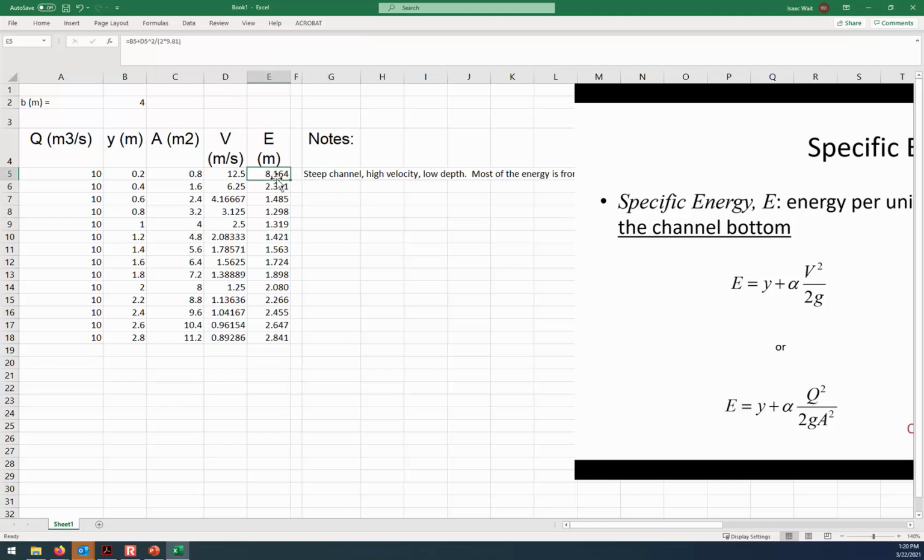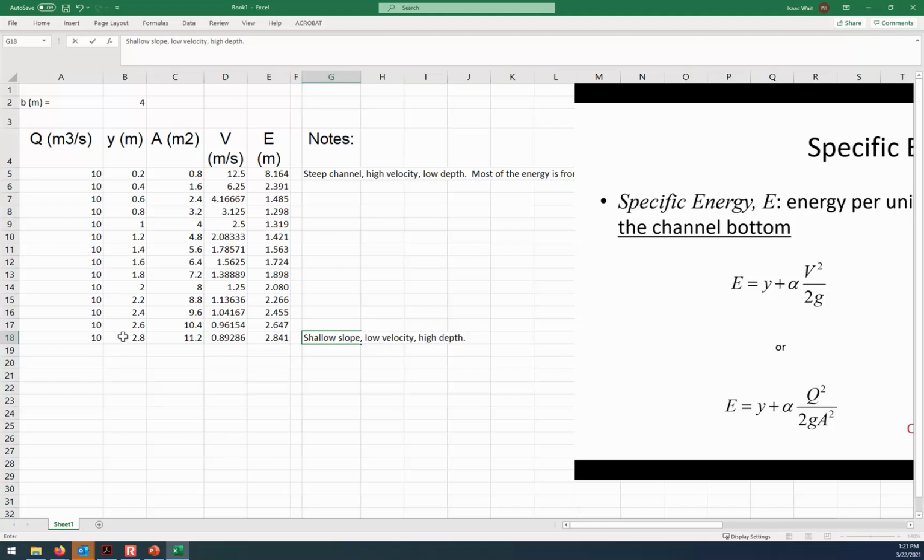Because we've got 8.16 meters of energy, and only 0.2 of that is from the depth. So there's about 8.2 meters of head, and only 0.2 meters of it is from the depth, and the vast majority is because it's got so much kinetic energy, because it's going down such a steep channel. This, on the other hand, would be a shallow slope at this end of the extreme. Low velocity, high depth.